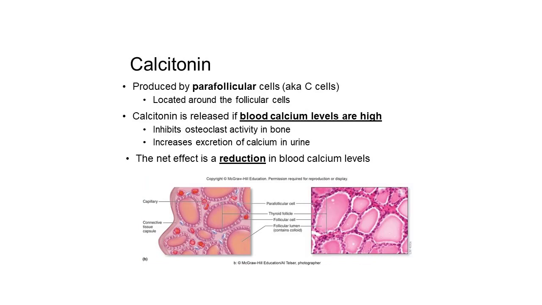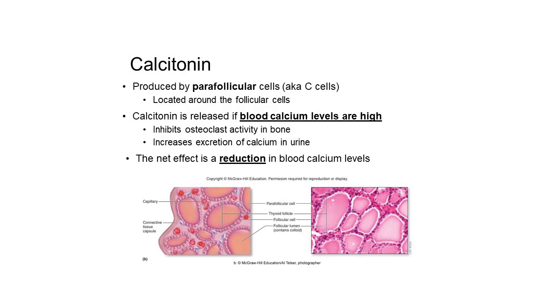So there are C cells. So calcitonin is released much like when your sugar's too high, insulin's released. This is going to reduce that. So it works kind of in that same way. Calcitonin is also going to inhibit osteoclast activity.